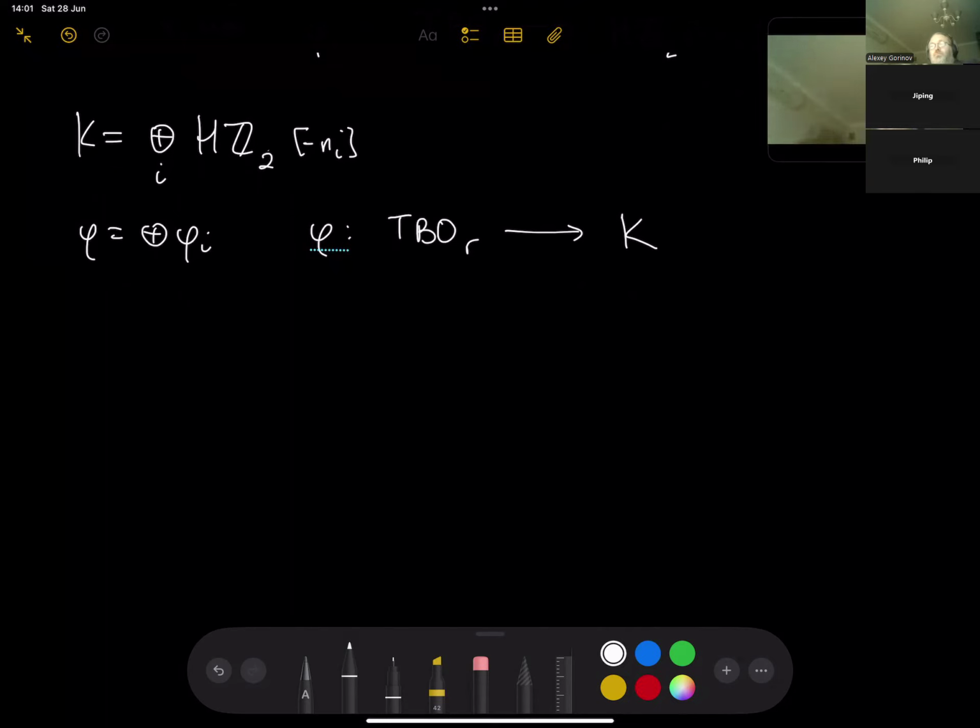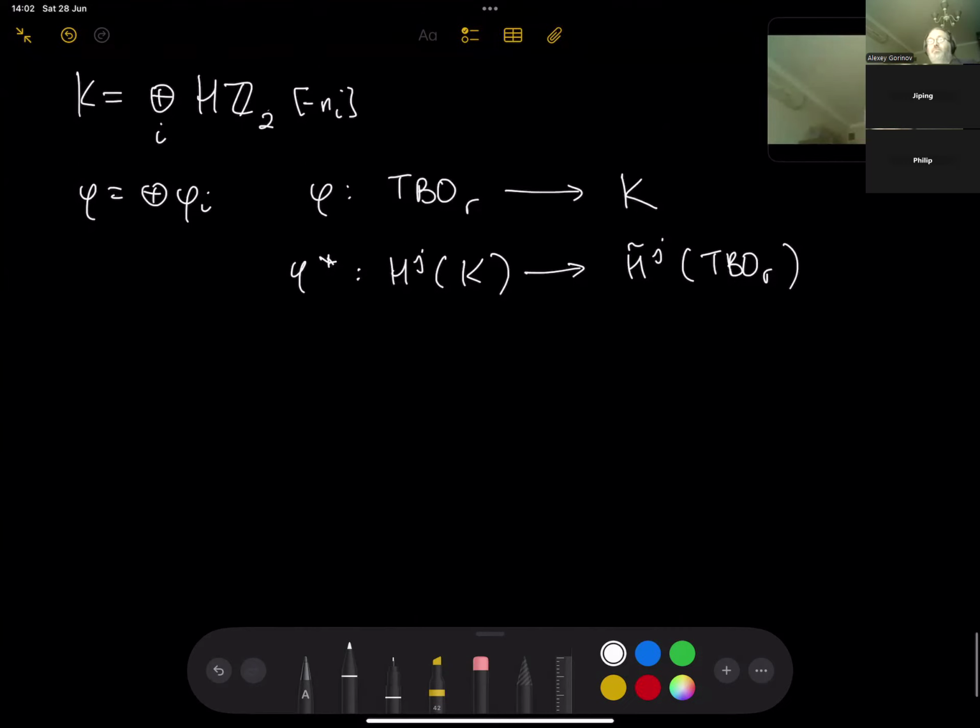So this phi induces a map from the cohomology of K to the cohomology of TBOR. And this map is given by evaluating the basis on the Steenrod algebra.